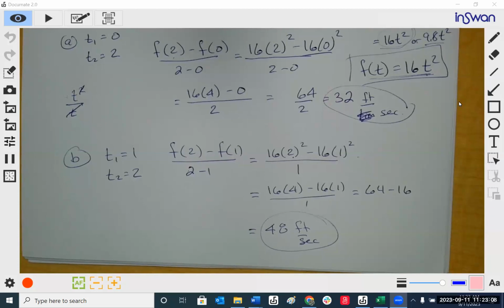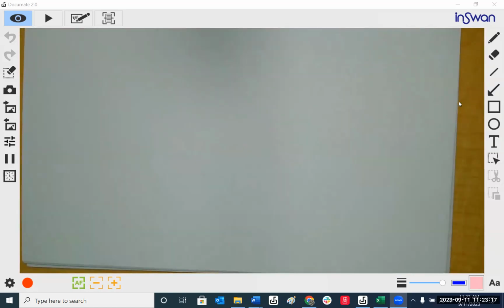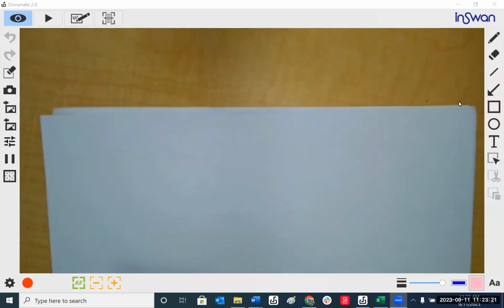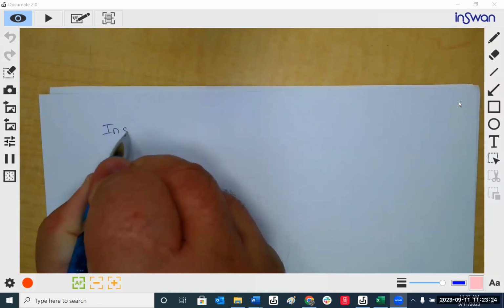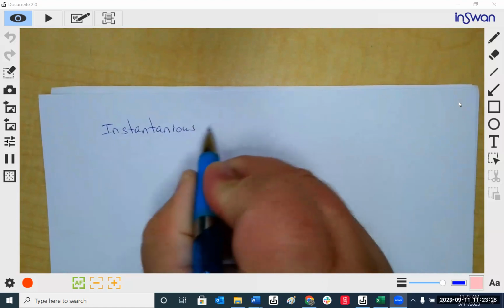Do you always want average speed? No, and what's that called? That is called instantaneous speed.